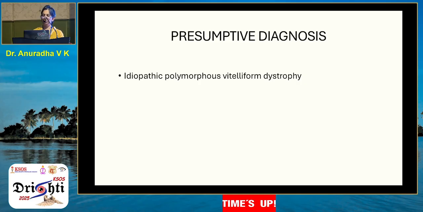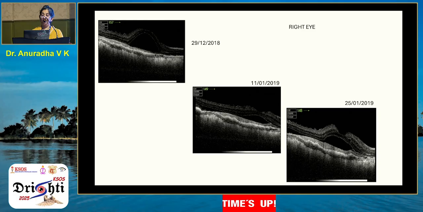So finally, after doing literature research, we thought idiopathic polymorphous vitelliform dystrophy. And we called him back after 10 days, after the initial consultation, and the SRF started resolving spontaneously, much to our joy, and that was the same in both eyes. And then we asked him to come back after 2 weeks, and the SRF is back.